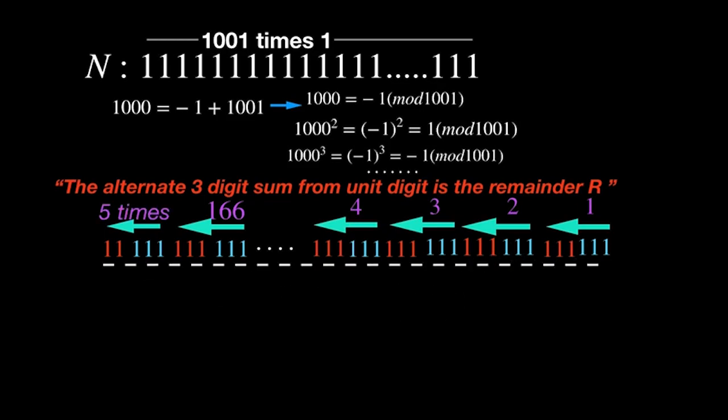So 1001 ones will be like this: 1001 equals 6 times 166 plus 5. So it is very important: the alternating 3-digit sum will be the remainder.